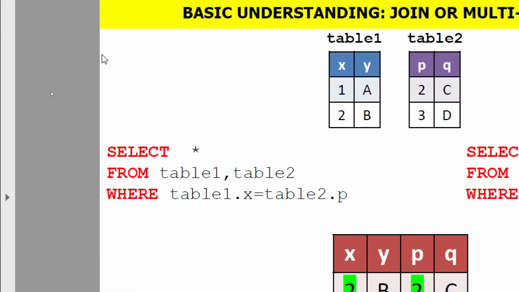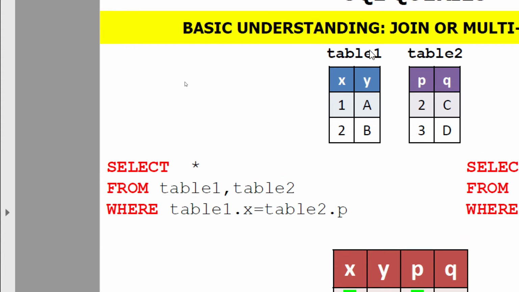To make the earlier query useful, what I will do is, I will say select star from table 1, table 2, where table 1 dot x is equal to table 2 dot p. So what is table 1 dot x? Table 1 dot x means the first column.